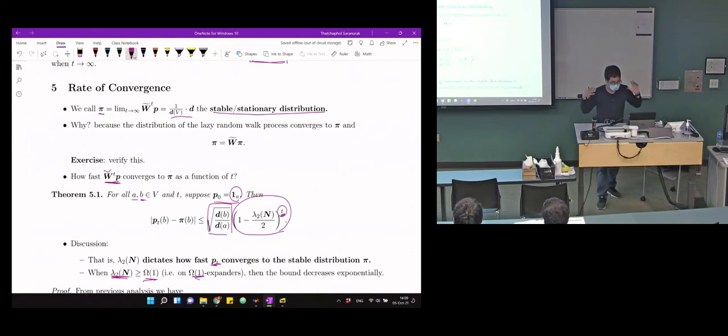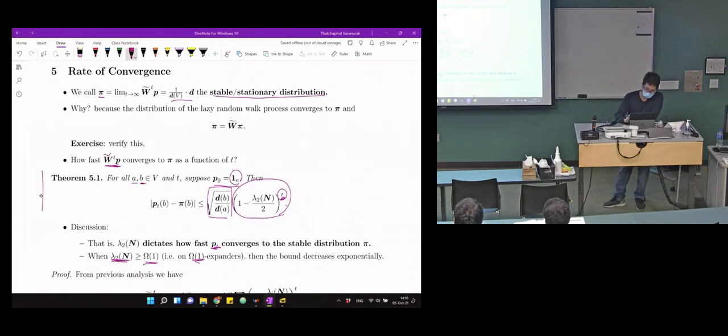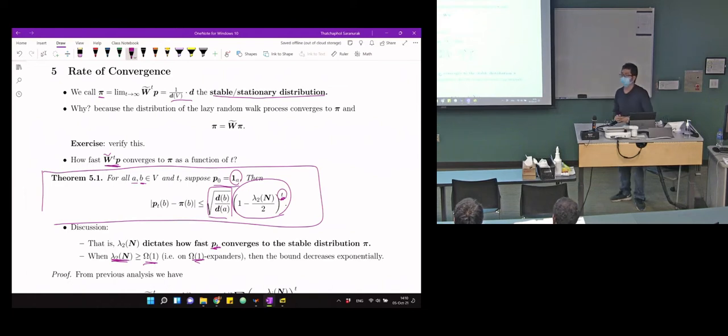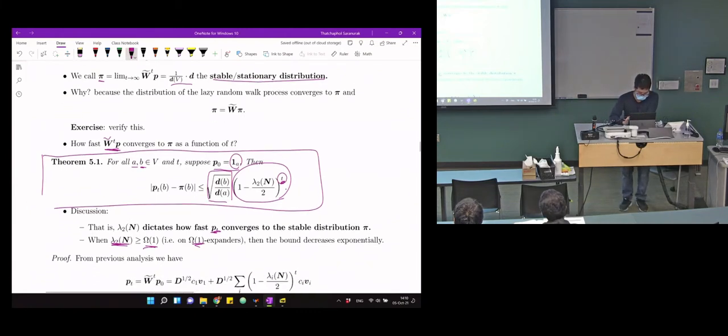So you converge to the stable distribution exponentially fast in an expander. If the graph is not an expander, then you converge slowly, depending on the expansion. Is the message clear? We're not going to prove it.